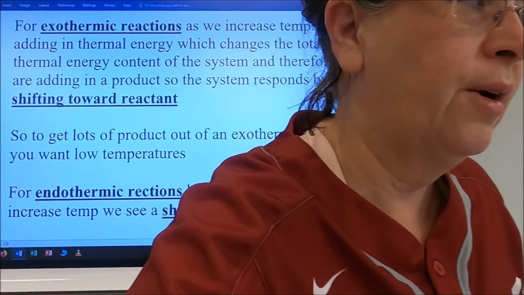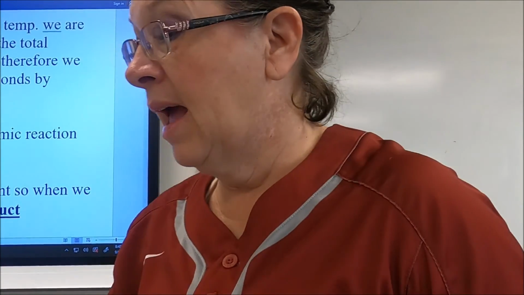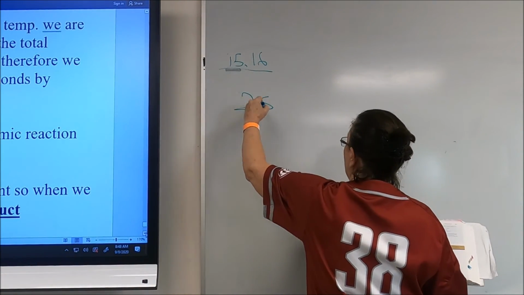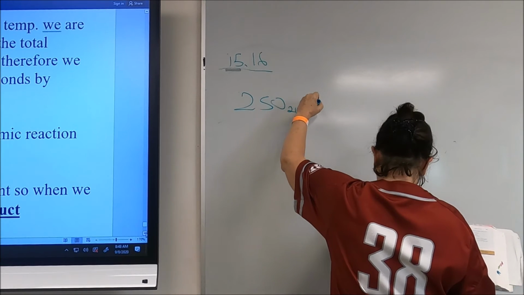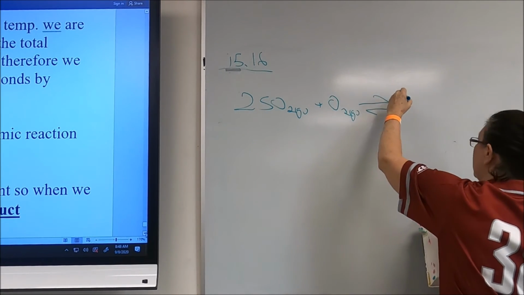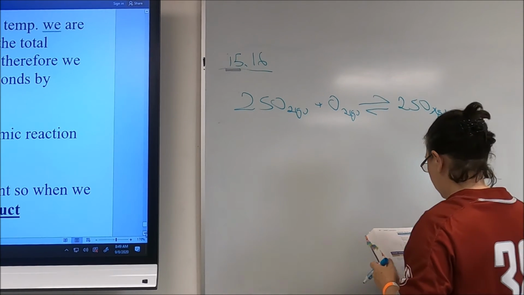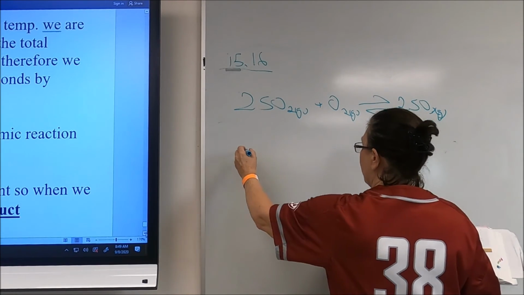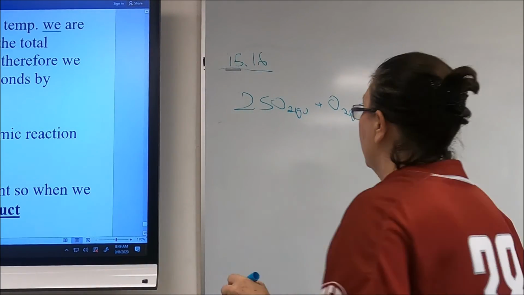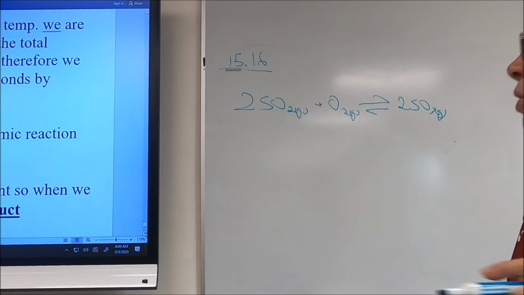All right, let's shift over here. Okay, if we look at 15.16, we've got that reaction: 2 sulfur dioxide gas plus oxygen in the gas phase going to 2 sulfur trioxide gas. So if we look at this reaction, we are told it is exothermic.